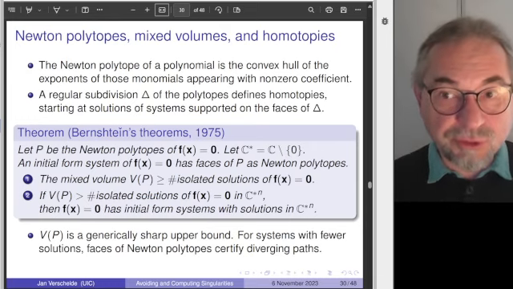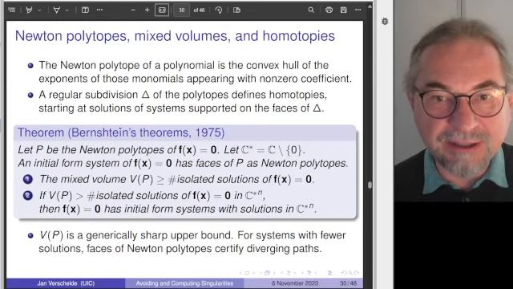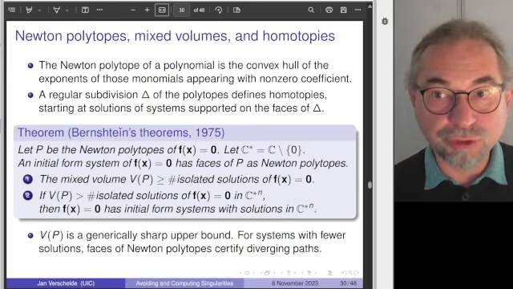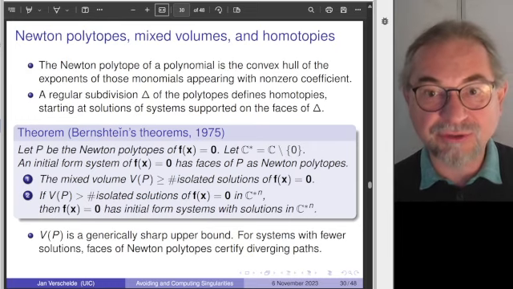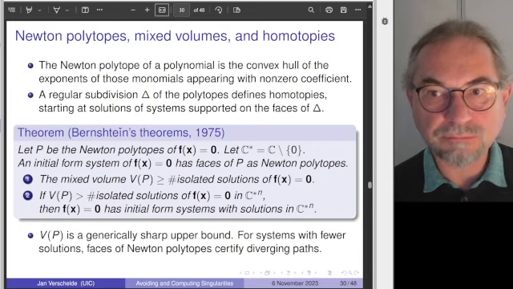Okay, so there are also conditions on where the bound is not sharp, and this is when there is an initial form system that has a solution with all coordinates different from 0. Why is this C star important?